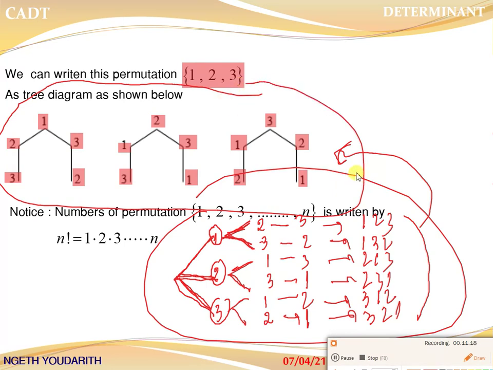Sometimes they lead by this sign, or sometimes by this design. It's up to you which one you like and want to write, because it is not a matter of which is correct or incorrect. Both of these tree diagrams are correct.